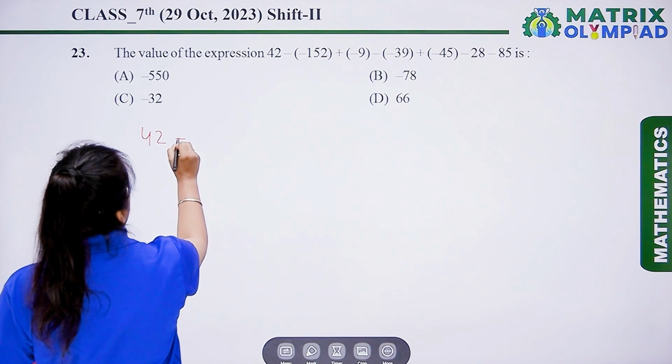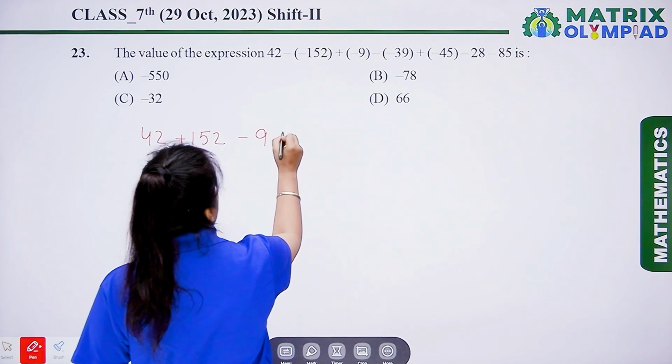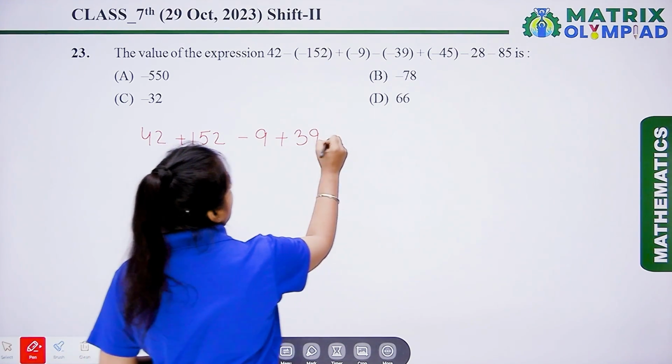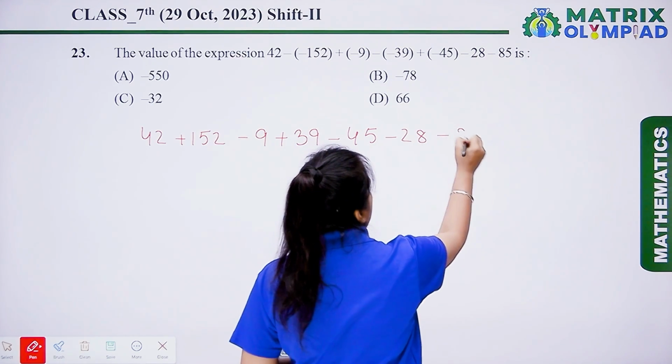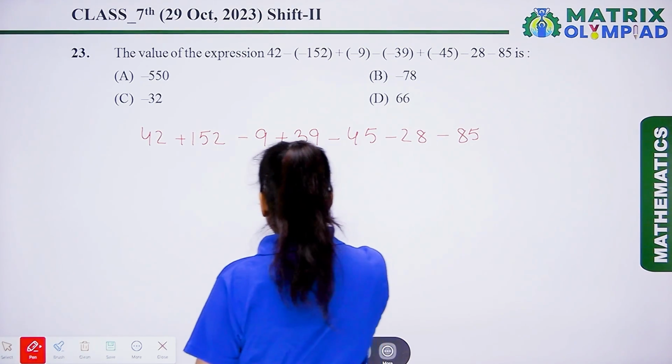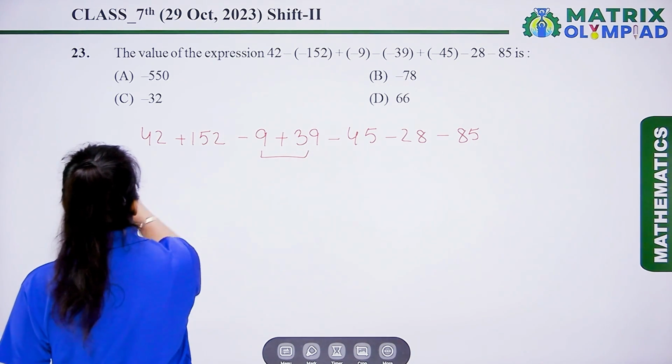42 plus 152 minus 9 plus 39 minus 45 minus 28 minus 85. Let's solve this first.